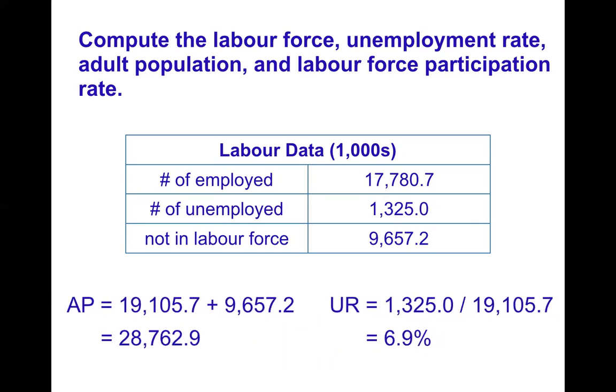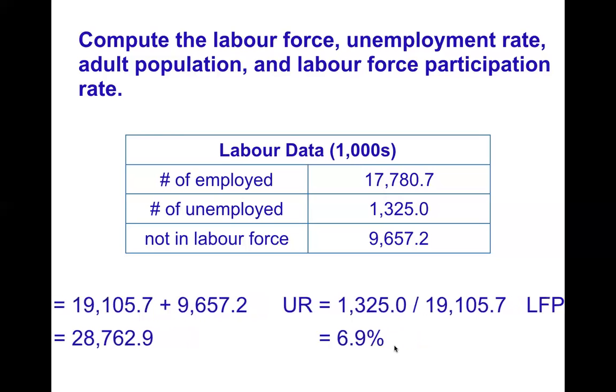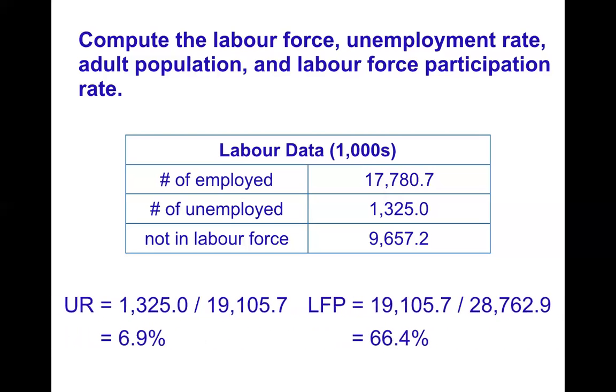Moving forward with the unemployment rate, this is where we have the unemployed, which is 1325, and I'm going to divide that by that labor force that I calculated earlier, 19,105.7. I'm going to convert that to a percent, which is of course 6.9%. And last, we have our labor force participation rate, which is going to be 19,105.7.